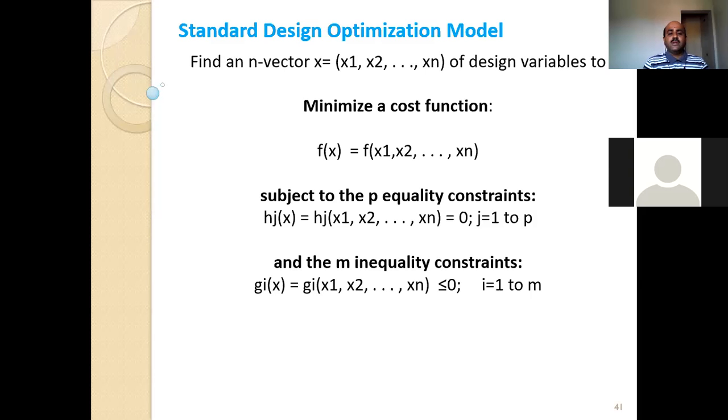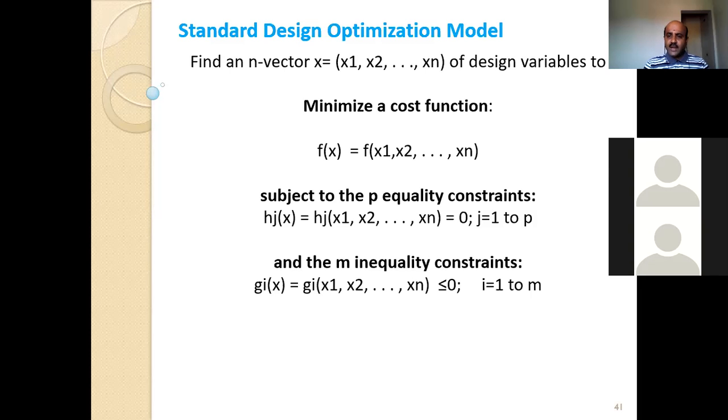See, the standard design optimization model will be in this form. Define an n vector x equal to x1, x2, up to xn of design variables to minimize a cost function. The cost function is given as f of x, which is a function of the design variables x1, x2 till xn, and it is subjected to two types of constraints here.